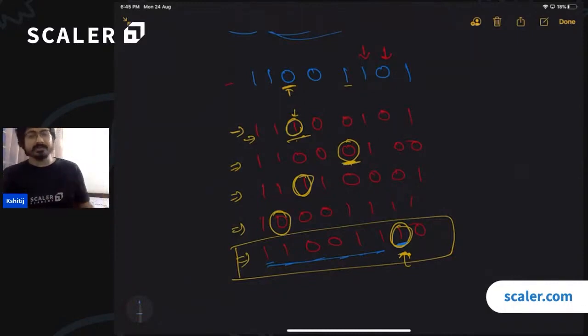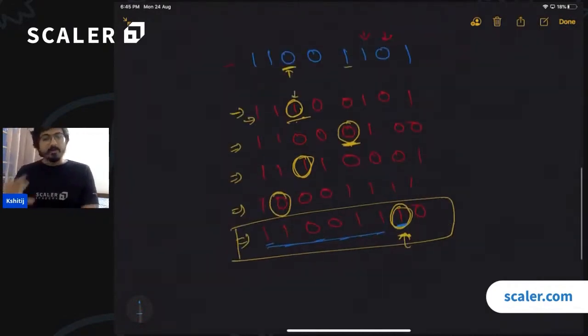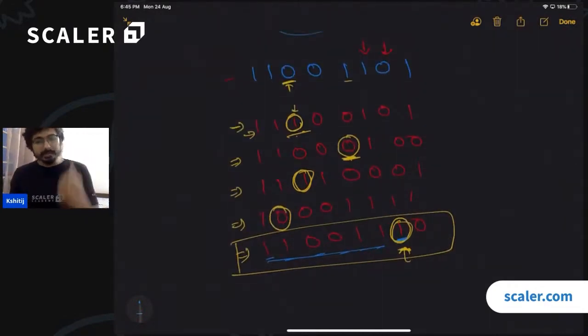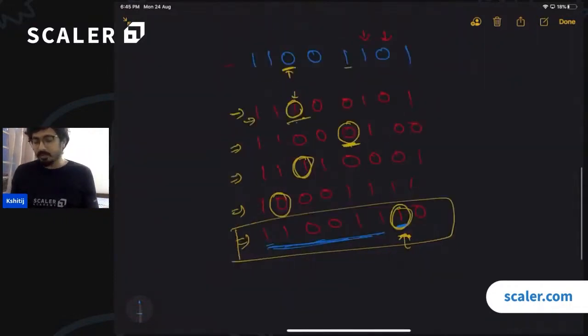You have to make sure that you are taking the XOR of a number with that number which has the first different bit as far right as possible. Okay. Now, how can we do this? Intuitively, it comes to mind that since all the bits from left to right should be the same, we want the maximum similarity between the numbers.